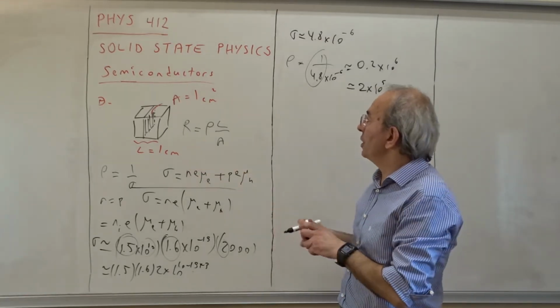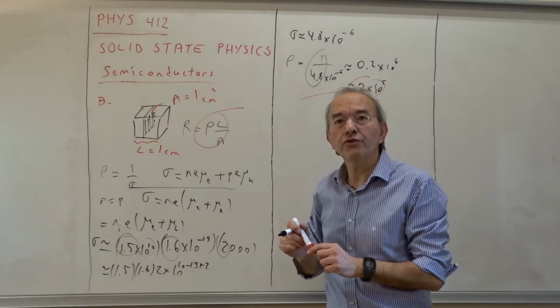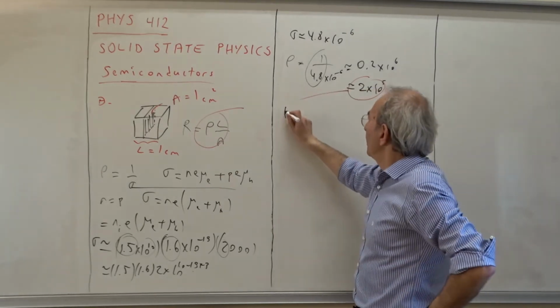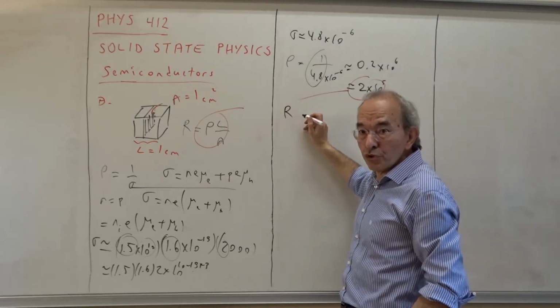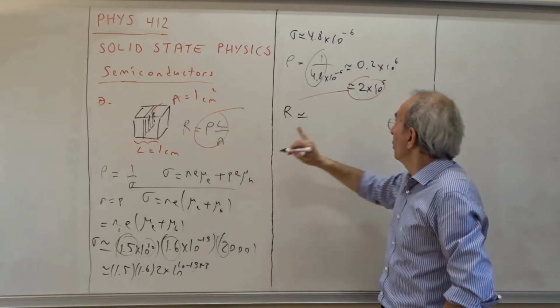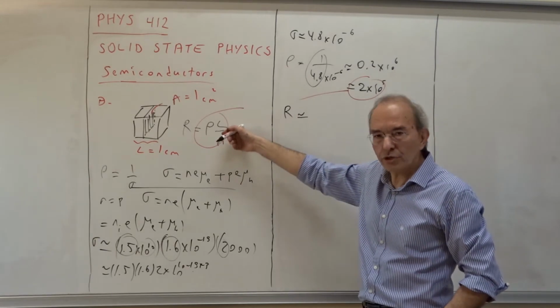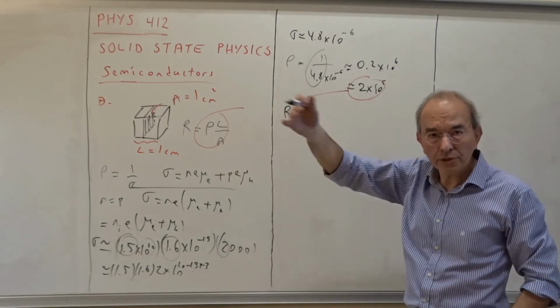So put this rho in the previous equation for the resistance. Then resistance R for this pure case, intrinsic case, is very approximately rho times 1 over 1. We don't need the conversion here from centimeter to meter.